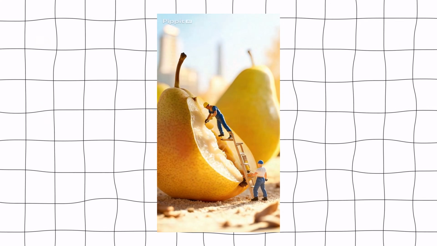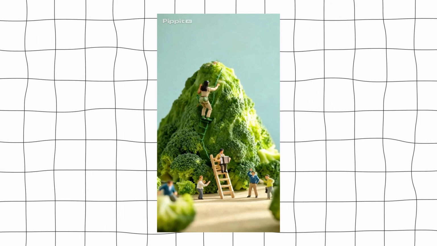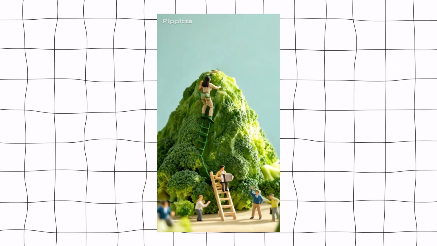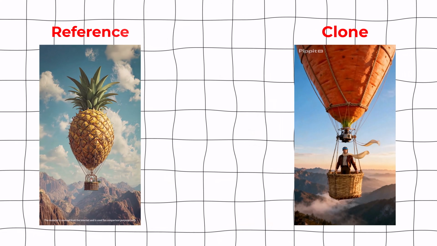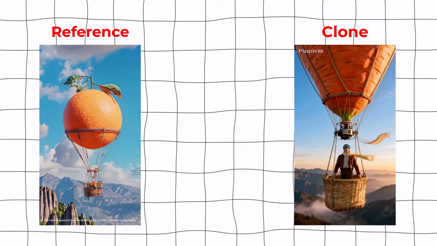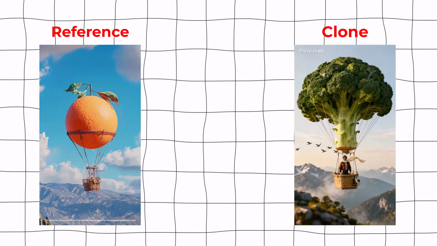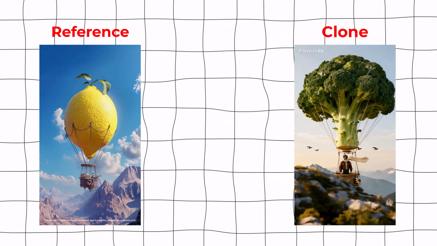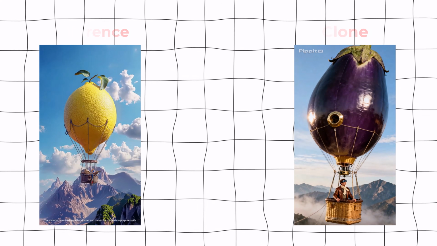And this is the clone result. Same creative feel, same viral style animation, same scroll-stopping visuals, but this is a brand new video, not a copy. This is what Pippit means by cloning the creative DNA.